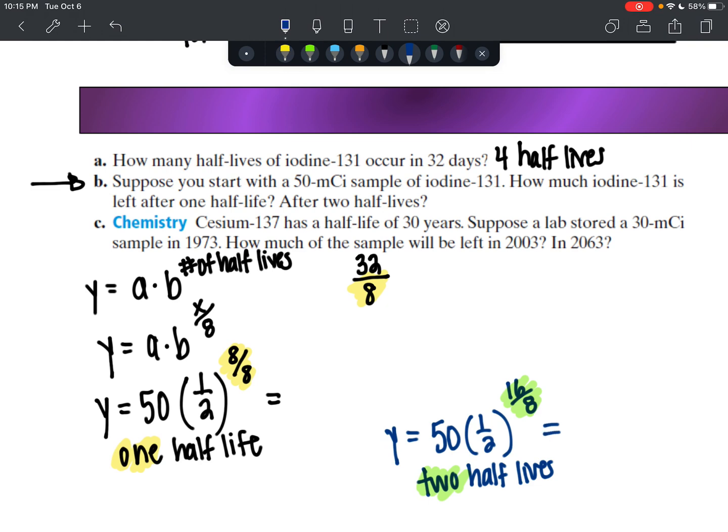The chances of things falling into perfect half-lives, slim to none. And that's why we're setting it up this way with the x over 8. So with 1 half-life, I got 25 millicuries. And with 2 half-lives, I got 12.5 millicuries.